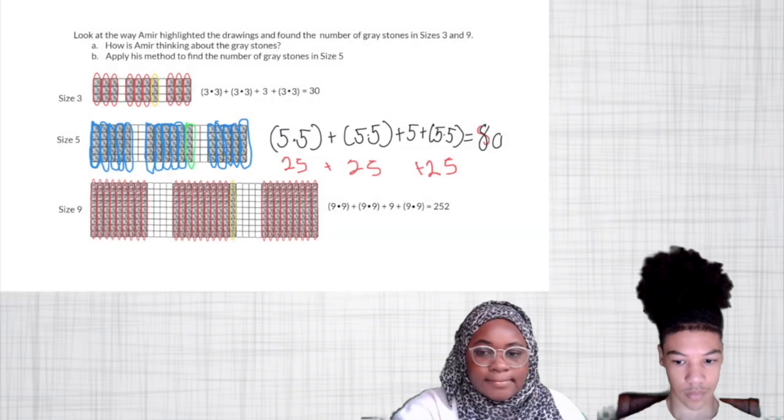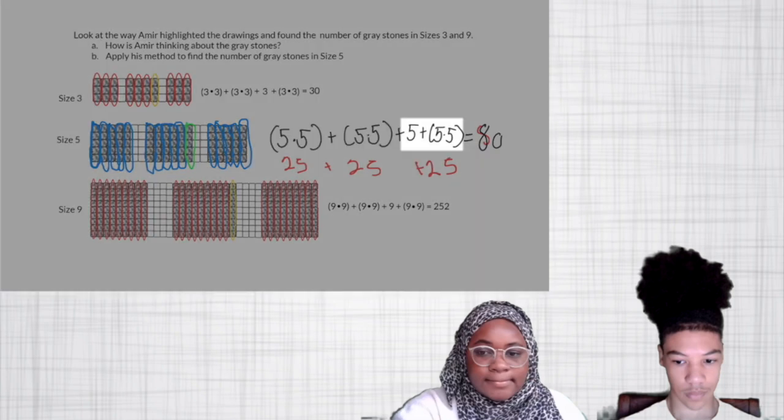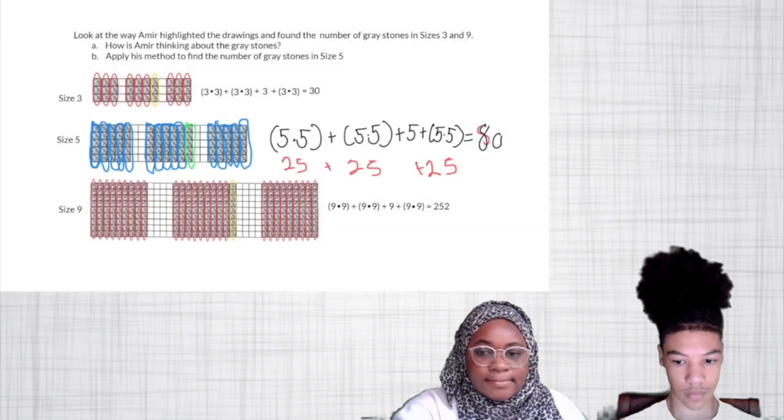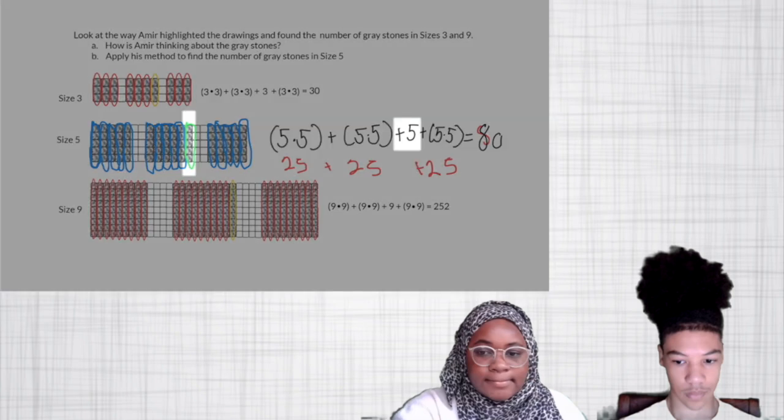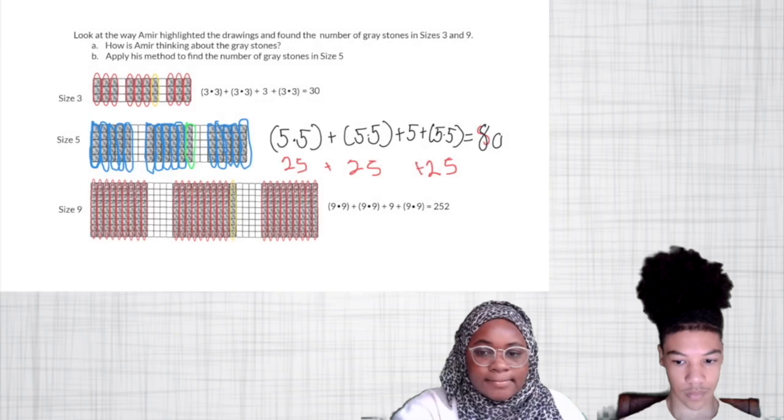And finally, the 5 plus 5 times 5 represented the 25 stones in the second section, plus a spare column. ET said even though plus 5 represented the spare column in Amir's method, it means 5 stones in the one column. In the next episode, Halima and ET will apply this method to a size 7 cobblestone.